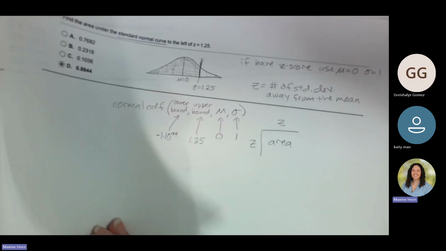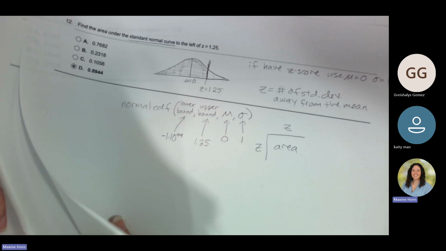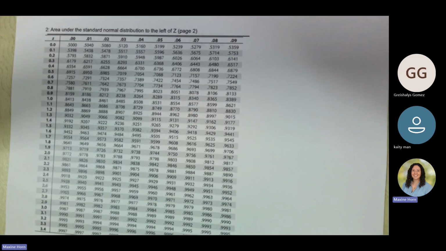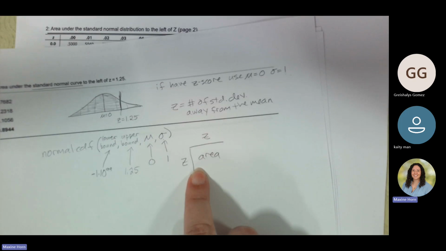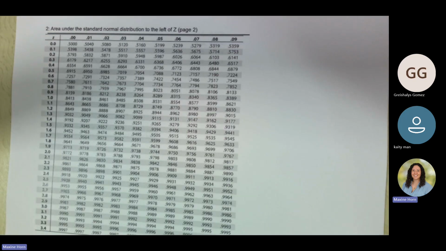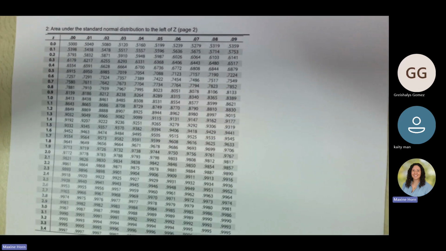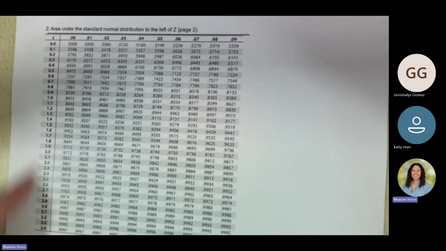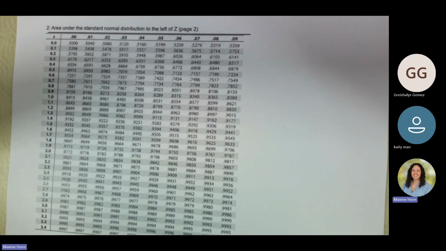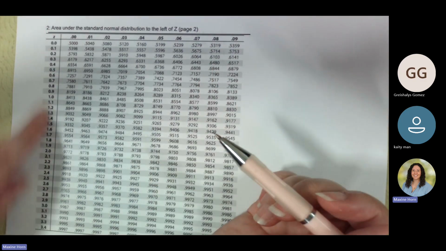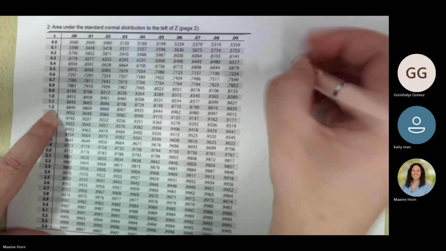Yeah, I'm just going to jump real quick to, I want to use, just because I want to show you what it actually looks like. I mean, I talked about it a little bit here. So if you're going to use the chart, real quick reminder, we're looking for a z-score of 1.25. There's both the negative section, right, z-scores that are negative numbers, and then there's the positive section. We're looking for a positive 1.25. So on the outside, I have 1.2, and then I need a 5 so that I get 1.25, right?